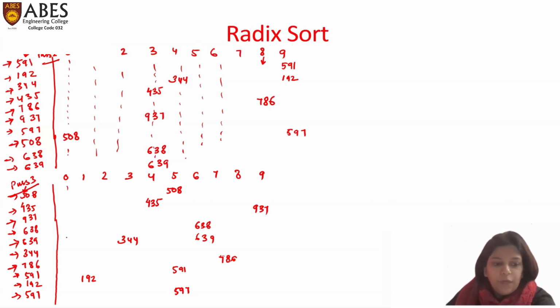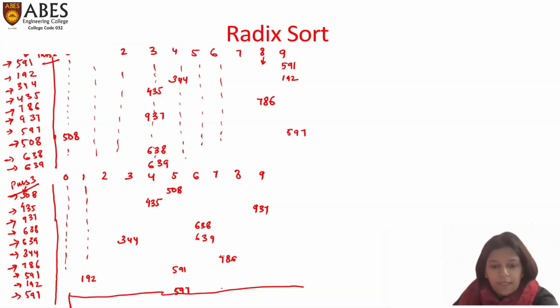And again, what we are going to do is arrange them according to these columns. Right? If you see, according to the values that we are getting in the columns, we will get the sorted values. The first number is 192. Then as we go column-wise, there is no number in this column.